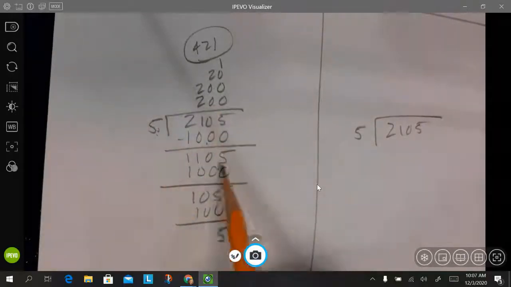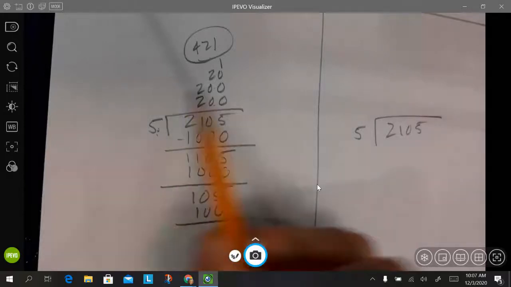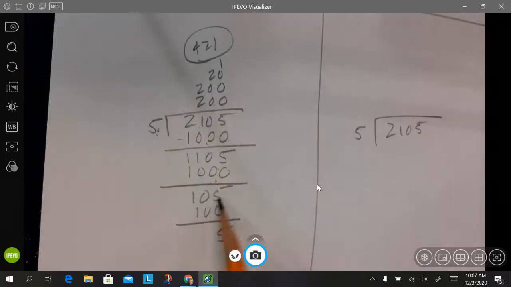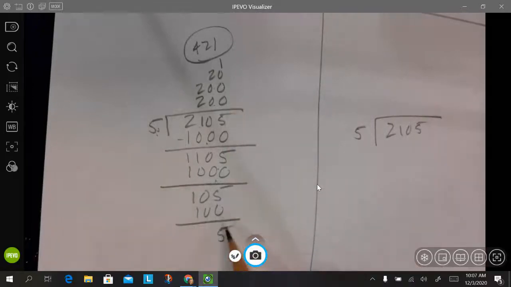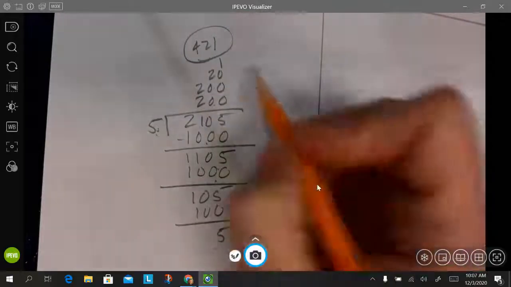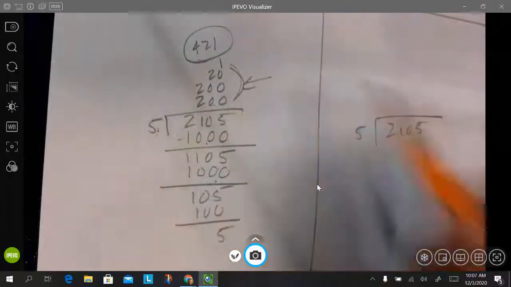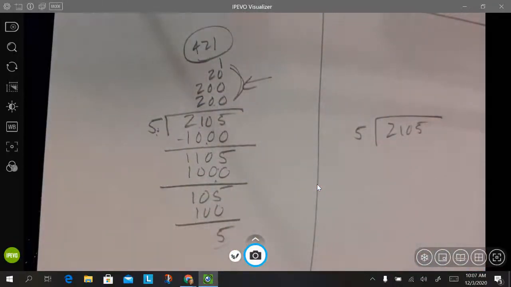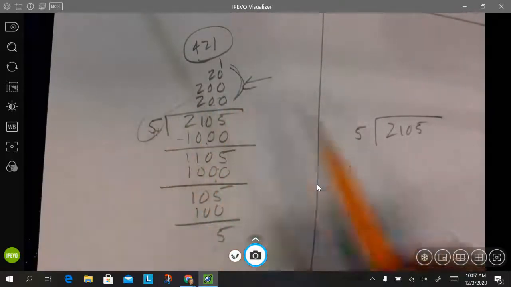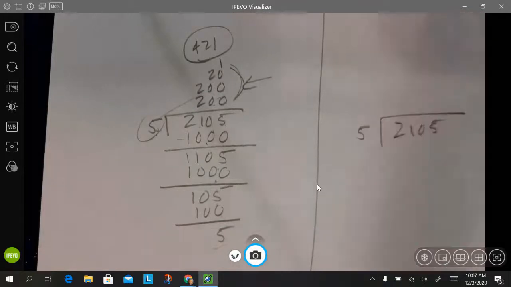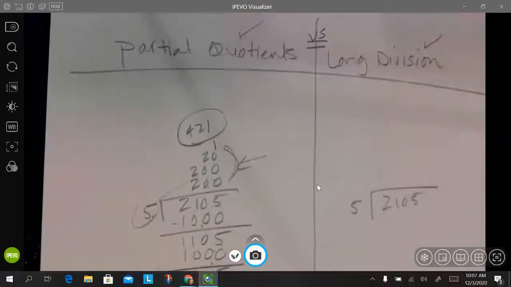Subtract. I could take another 200, that's another 1,000. I could take 20 out of here, which is 100. So 20 times 5 is 100. I've got 5 left over, and then I just add my 1. So you're moving up, but you're using easier numbers because you're using hundreds and tens, easier multiples of those. Hopefully that makes a little sense, and that's partial quotients.